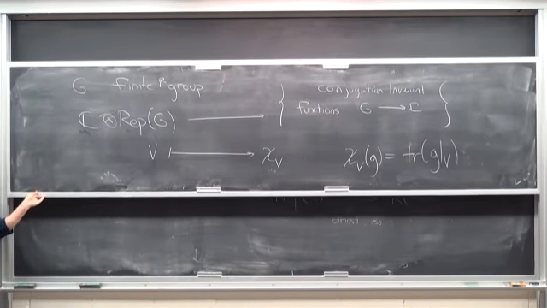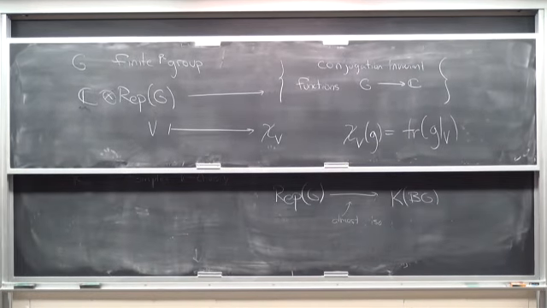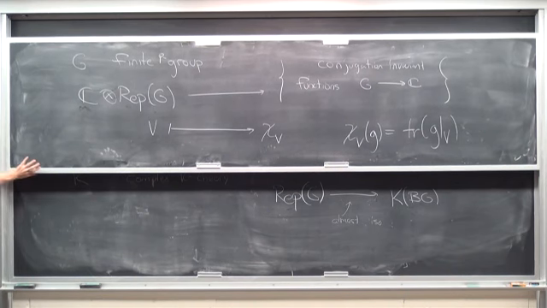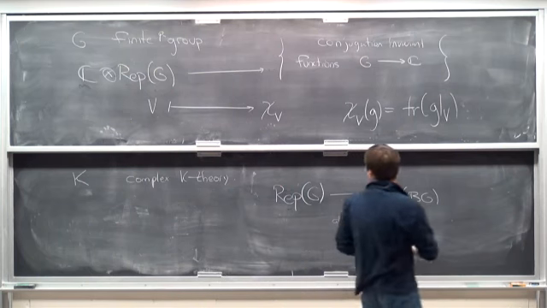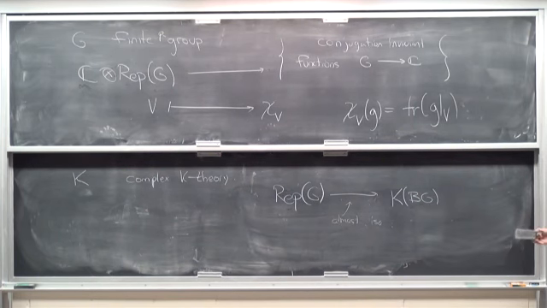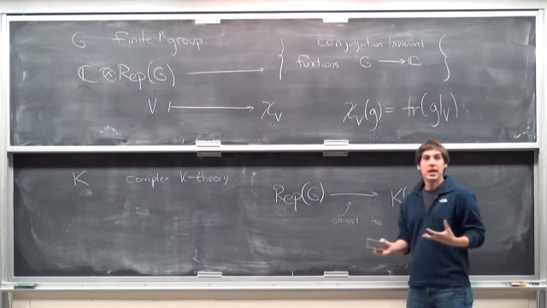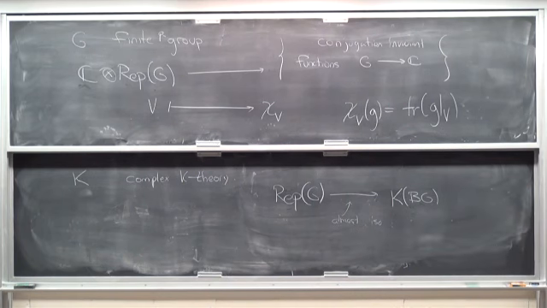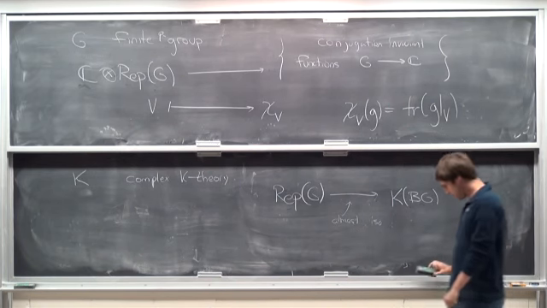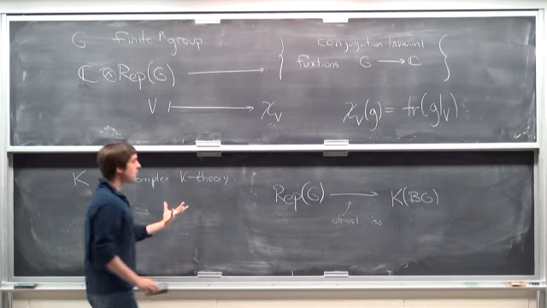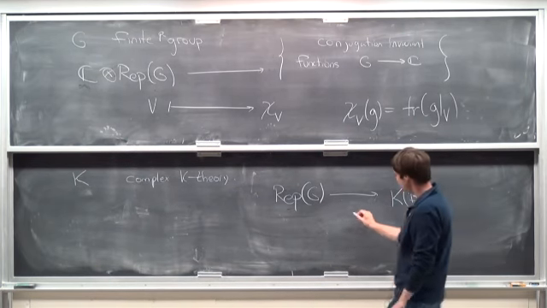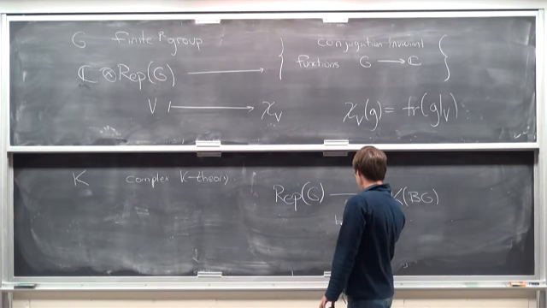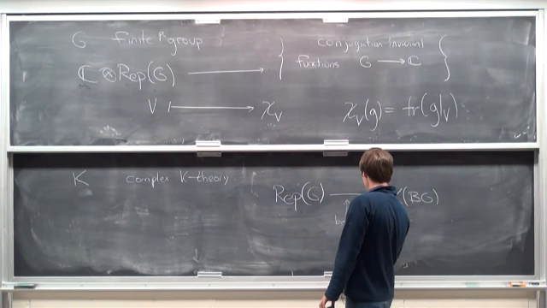So p is going to be some prime number that I'm going to fix for the remainder of this lecture. If G is a finite p-group, then you can also p-adically complete the representation ring of G. That's a more severe completion. A consequence of the Atiyah-Segal completion theorem is that this becomes an isomorphism after p-adic completion.